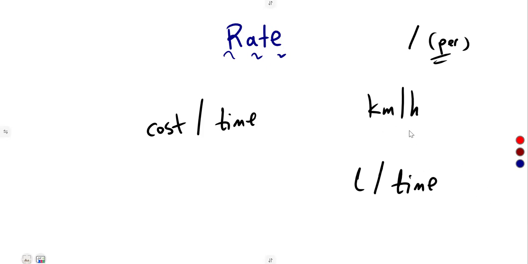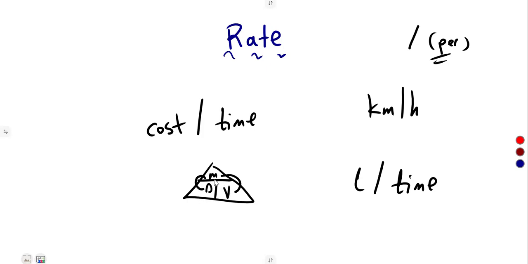kilometers per hour, it's not only about time, it can be considered, maybe considering volume, cubic meters per given unit. It can be per second, or we can consider density, mass per volume.